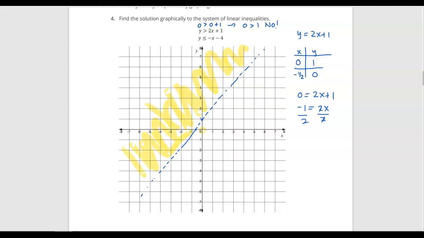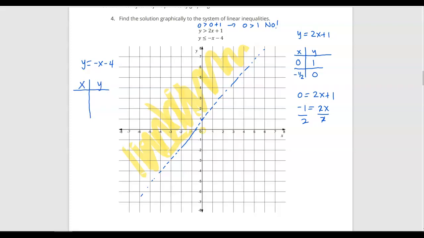Okay. Next, I will then have to consider this other inequality here. The inequality y is less than or equal to negative x minus 4. I'll do the same thing. I'll graph the line y equals negative x minus 4 first. I'll do that by assigning points for my x and y.